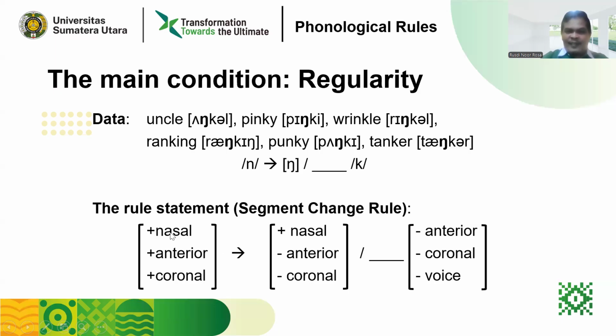So this sound changes to positive nasal, negative anterior, negative coronal whenever this sound is located before negative anterior, negative coronal, negative voice. These distinctive features represent K. So this is N changes to ŋ whenever N is located before K.